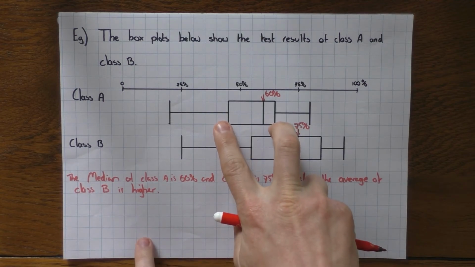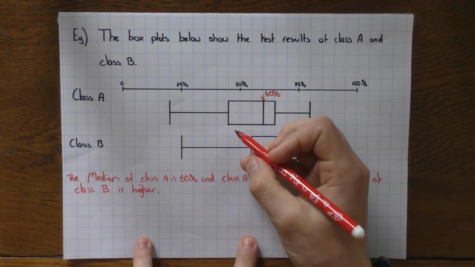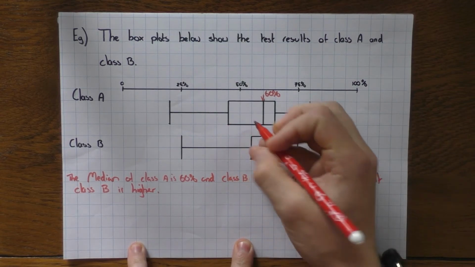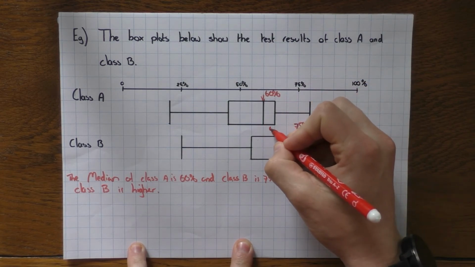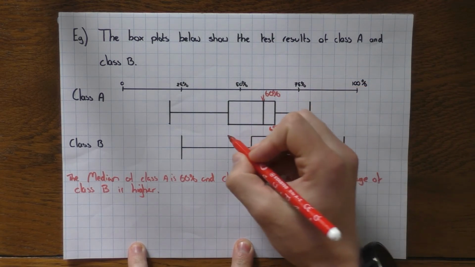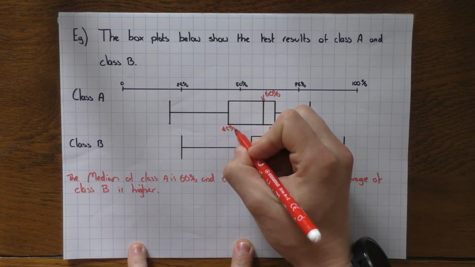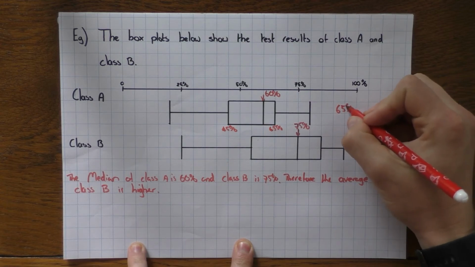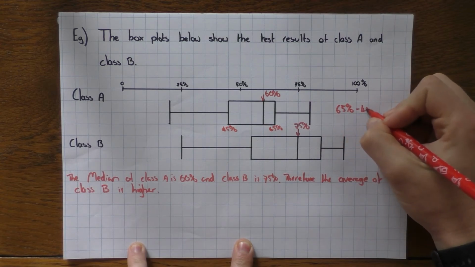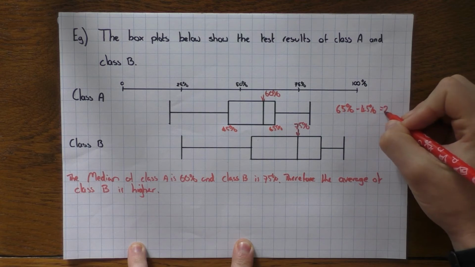So if I look at the interquartile ranges of these two, for Class A, I have 20% because that's 55, 60, so that's 65 for the upper quartile and 45 for the lower quartile. So 65% minus 45% is 20%.